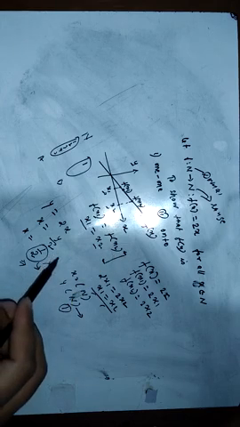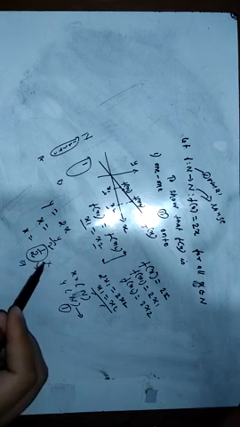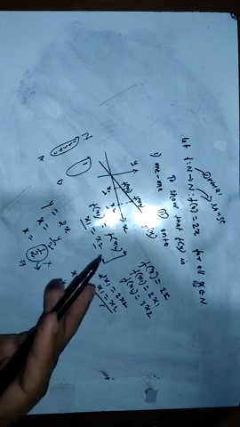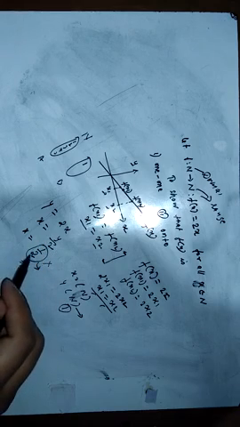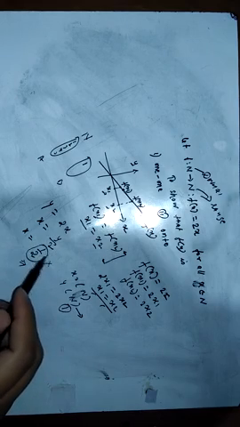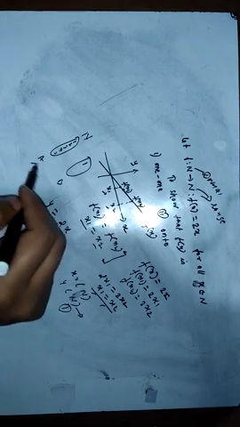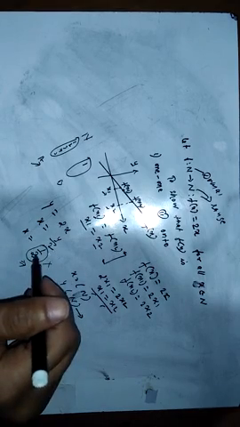When y is equal to 1, which is a natural number, the output x must also be a natural number. But putting y equal to 1 gives x equal to 1 by 2, which is not a natural number, so it doesn't belong to this set. So this is not an onto function.